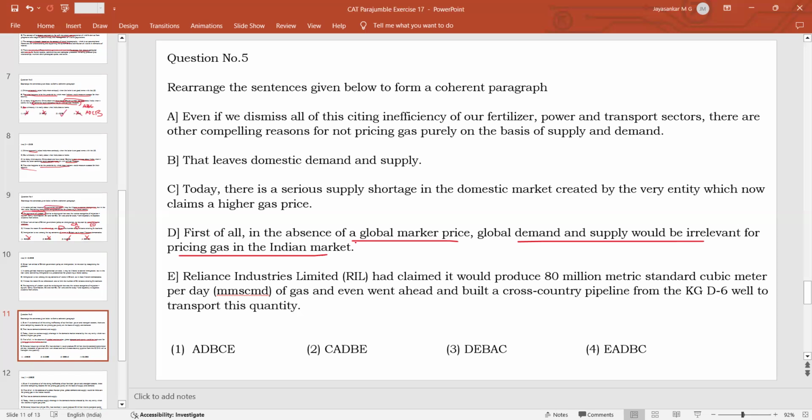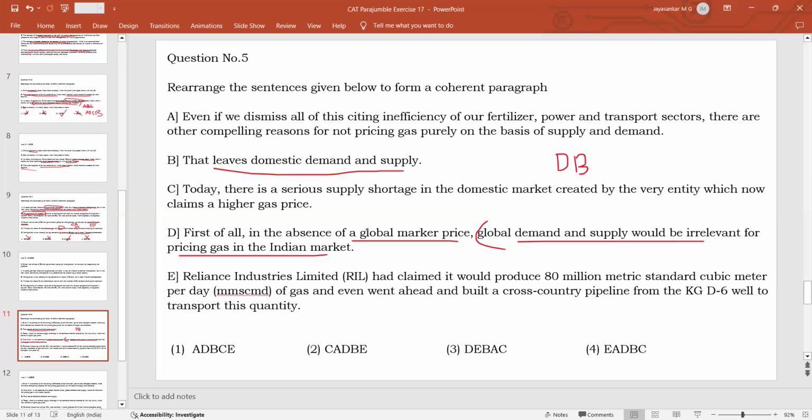So since there is no such index price for oil or gas products at the international level, global demand and supply is not a relevant factor for pricing the gas in the Indian market. So then what comes? That leaves the domestic demand and supply. Here we are saying that global demand and supply are irrelevant, so we have to fix prices on the basis of domestic demand and supply. So DB is very clearly a sentence pair.